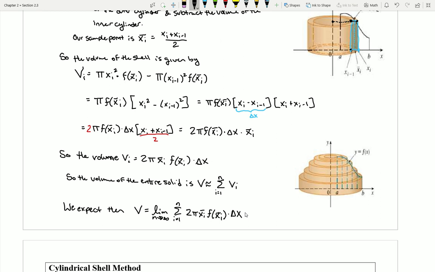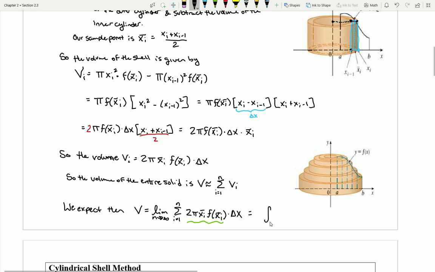The entire volume. And again, here's the best part. Just like what we talked about at the start of section 2.1, this should ring a bell. This should look like a definite integral. Because notice, I have my limit, I have my sum. Over here, you'll see in green, it looks like I have a really messy looking function with a special xi bar plugged in, and I am multiplied by a delta x at the back.